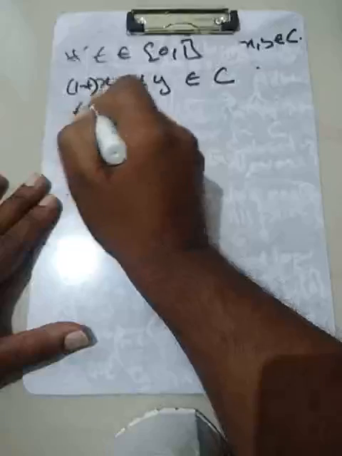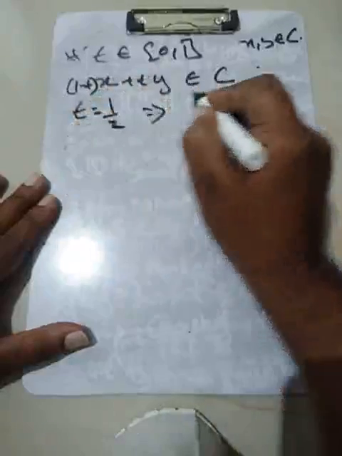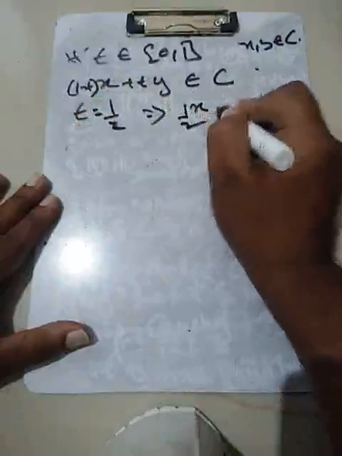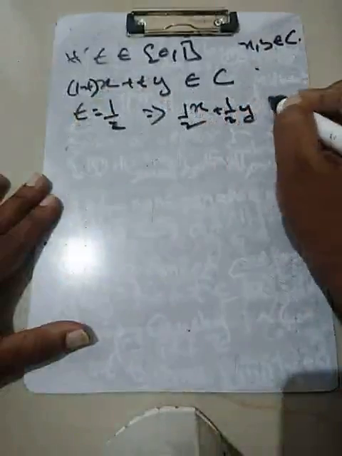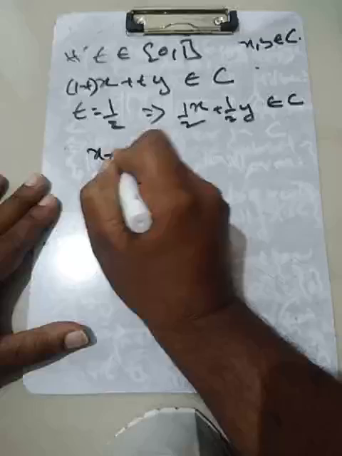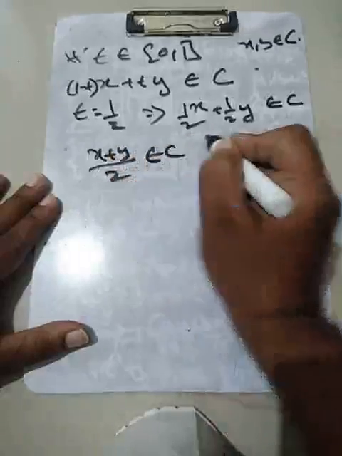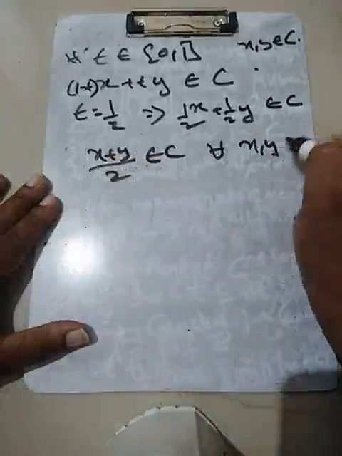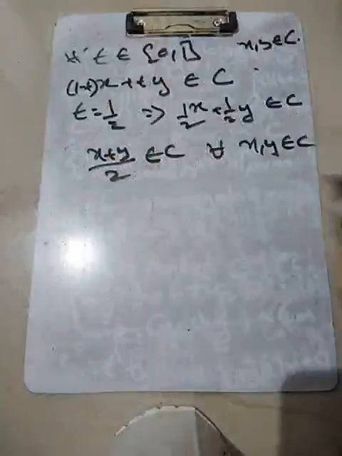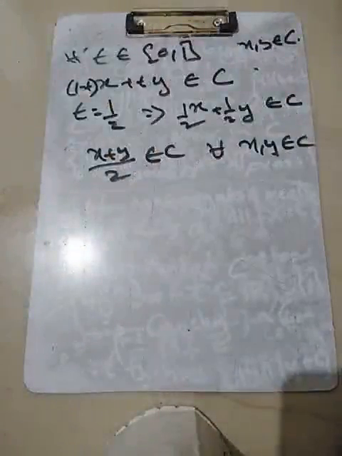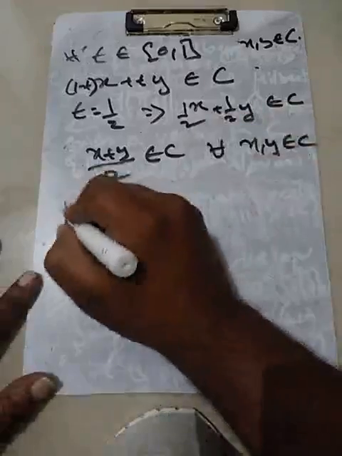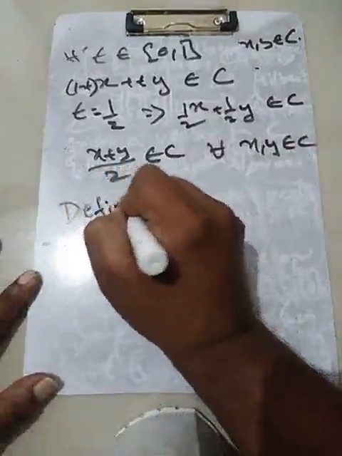So take t equal to half. This implies that half x plus half y is in C, or alternatively (x plus y)/2 belongs to C for all x and y belonging to C. For one particular value of t, with x and y any elements, this must belong to C. This is the definition of convexity.